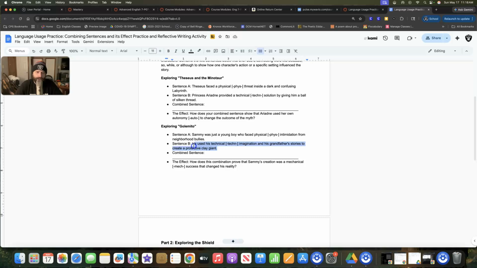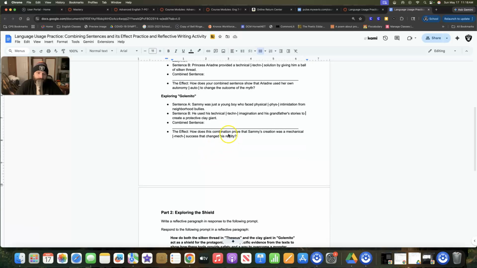I would use a compound sentence and make it like an opposite connection here, because I think these two things are opposite. Like, almost despite being bullied, he did this. All right. And then how does this combination prove that Sammy's creation was a mechanical success that changed his reality?